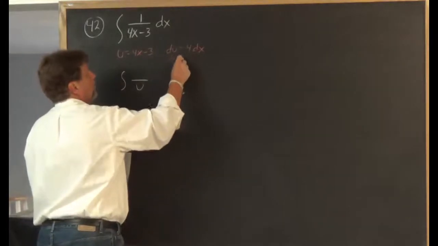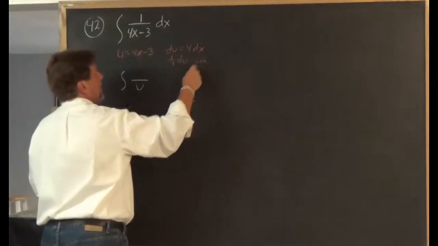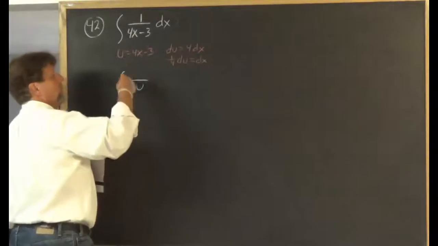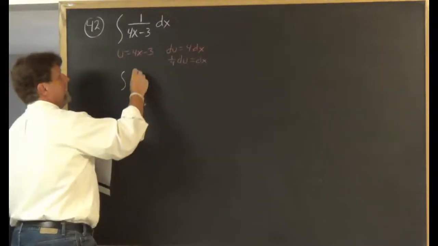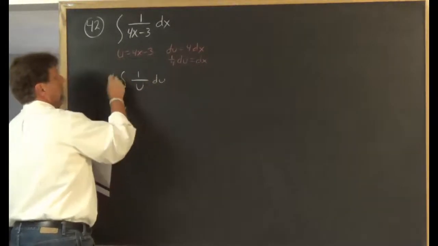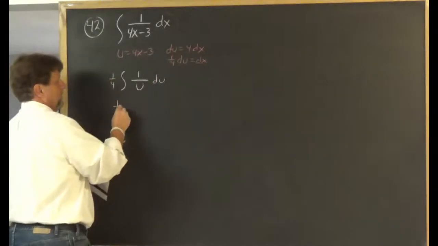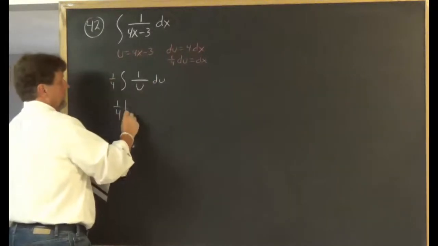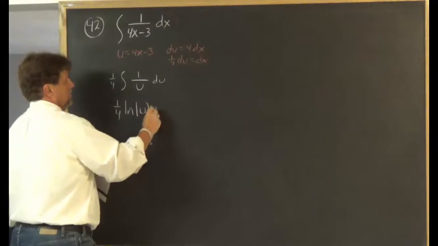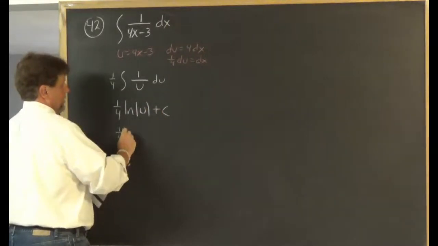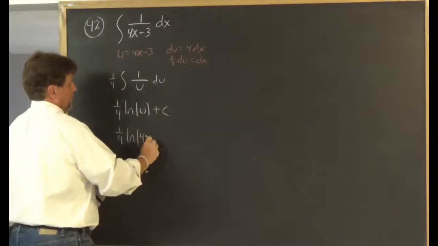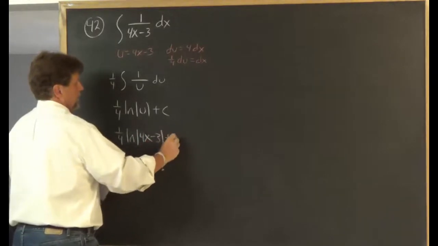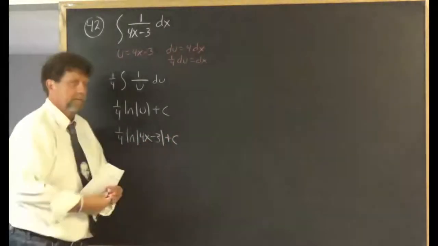So that means 1/4 du is 1 dx. So you substitute 1/4 du in for the 1 dx. Rip the 1/4 out front. Very friendly integral. And then you resubstitute. And hopefully this is what you ended up getting.